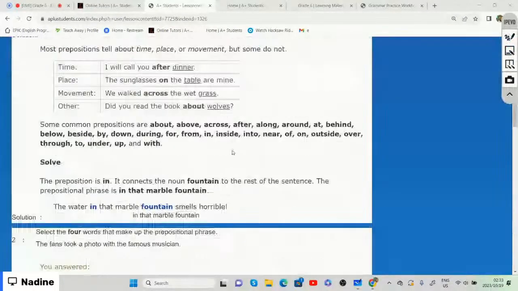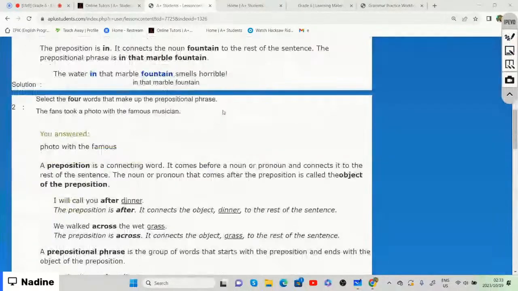The fans took a photo with the famous musician. We need to select four words that make up the prepositional phrase. Four words. You see, it starts with the preposition.